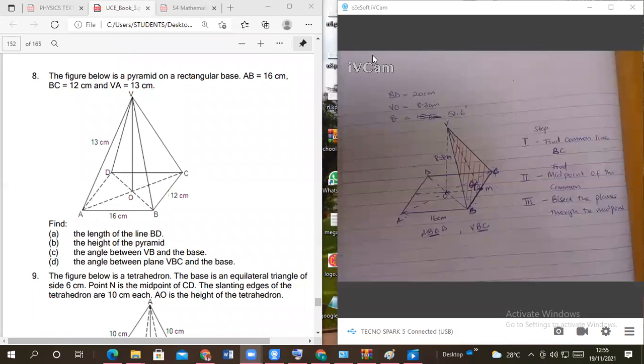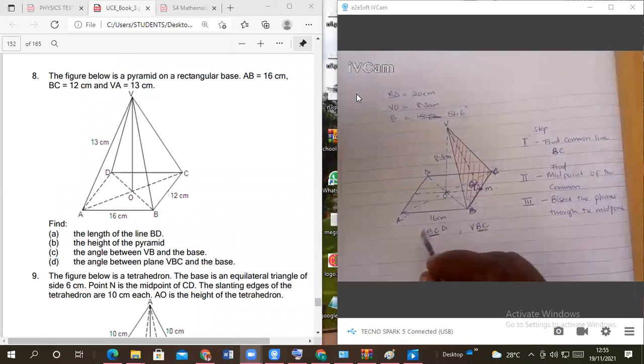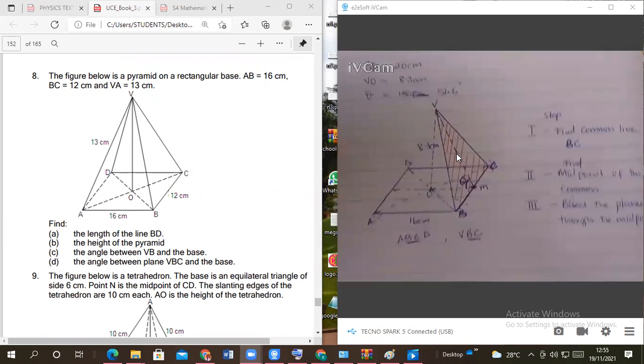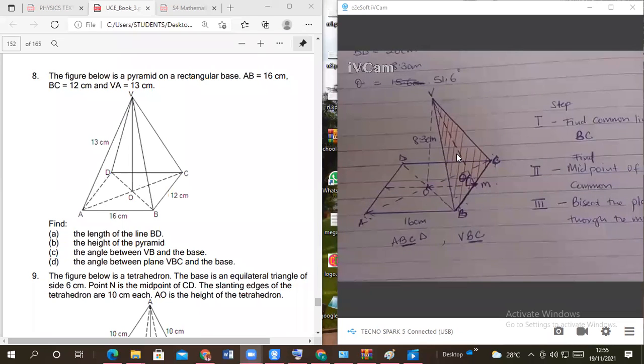If this distance is 16, what's the distance from O to M?